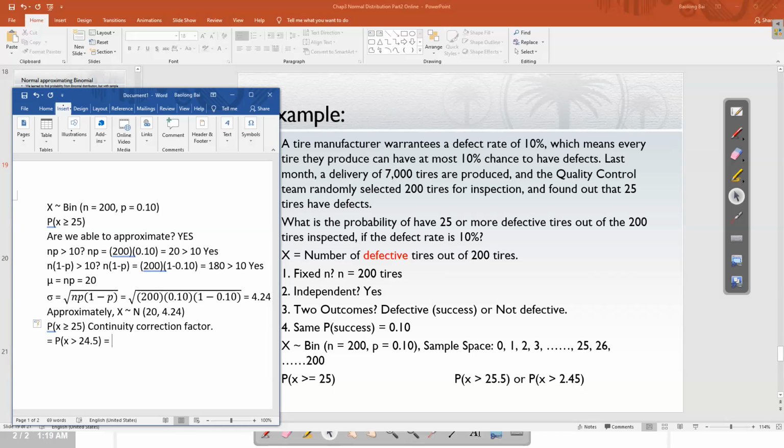Now we can go back to the normal process. We're going to standardize this, right? So we're going to standardize both sides of the events.